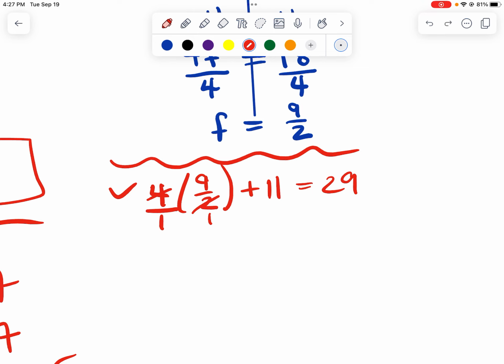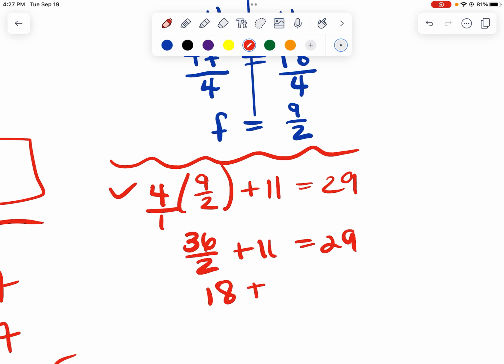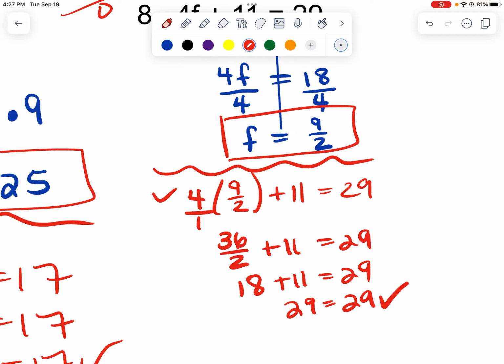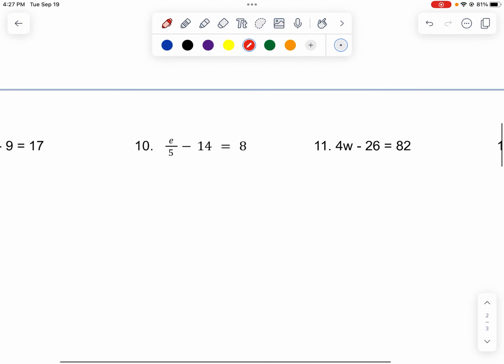But some of you have a hard time with the cross canceling. So I will multiply straight across and get 36 over 2 plus 11 equals 29. 36 divided by 2 is 18. 29 does equal 29. So we have the correct answer.